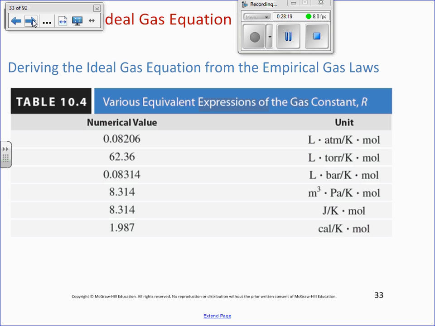The one that we're going to use is 0.08206 liters times atmosphere over mole times Kelvin. But it can have different values depending on what you're going to do. And if you go on to 152, you're going to use R as 8.314 joules per K per mole. You may use 1.987 calories per K when you get into thermodynamics. But for now, for the gas laws, it's 0.08206.